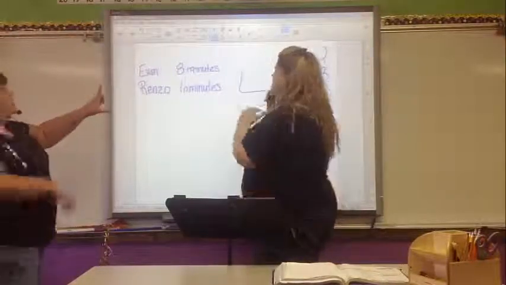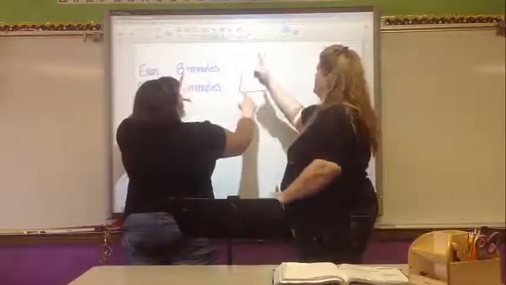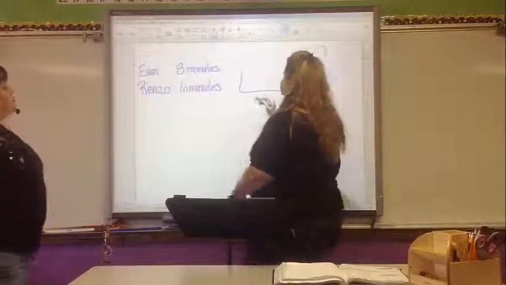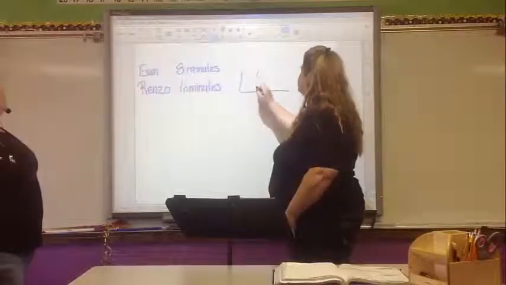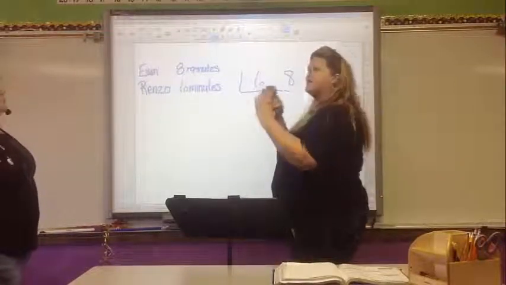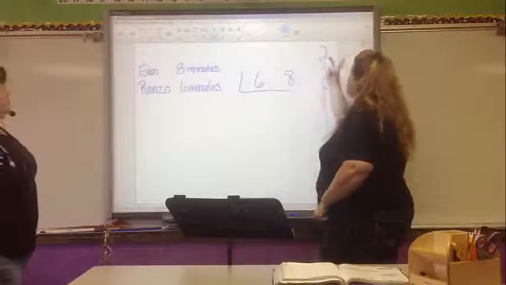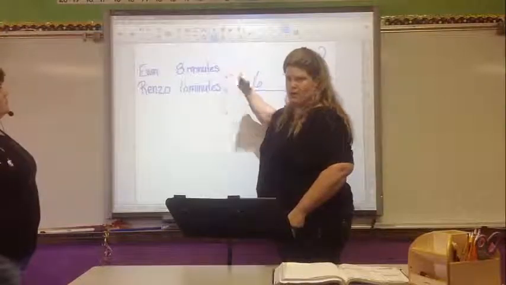For this, only 2, because you're on your L. You have 2 parts of your L, and only 2 numbers can go on the inside. That's a good way to remember it. It doesn't matter what order, but I'm going to put the 6 first and the 8, because I like things in order from least to greatest. Now I'm going to look at my 2 and say, can 2 knock, knock, knock on the door?